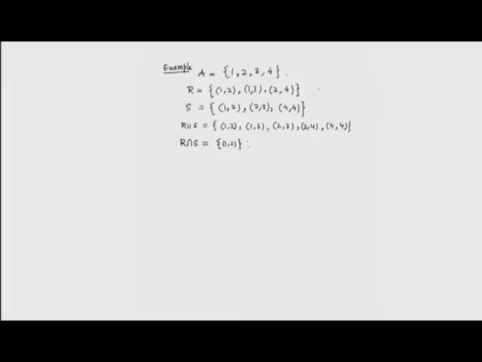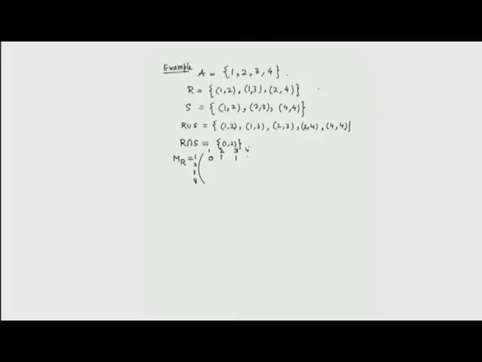Now, let us see what happens if we consider the matrices instead of these sets. M r is equal to, now let us label the rows 1 2 3 and 4, 1 2 3 and 4. So, 1 is related to 2, therefore, I put a 1 over here, and 1 is related to 3. So, I put a 1 over here.